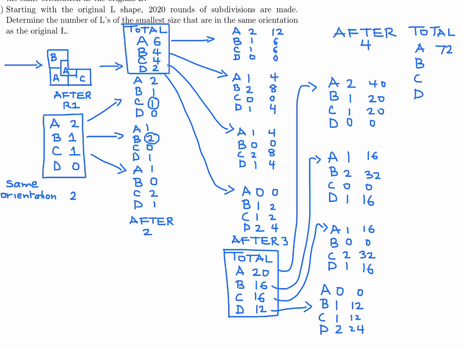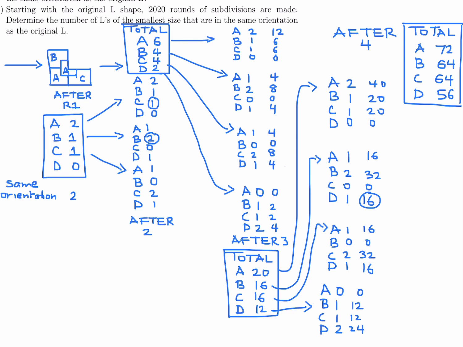So that is 52, 12, 64. Yeah, 64. Okay. C, 20, 32, 52, and 12, 64 again. Okay. And then D, 16, 16, and 24. So that's 56. All right, great. So I got my total after round 4.